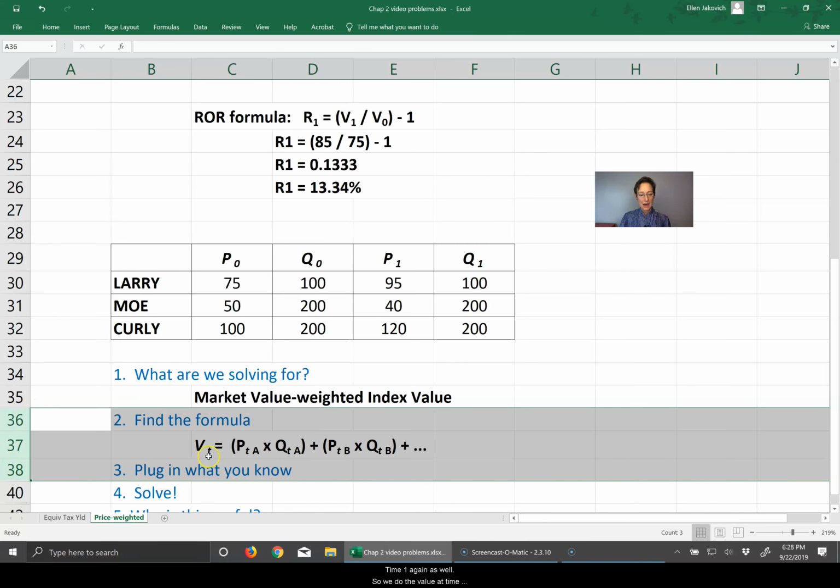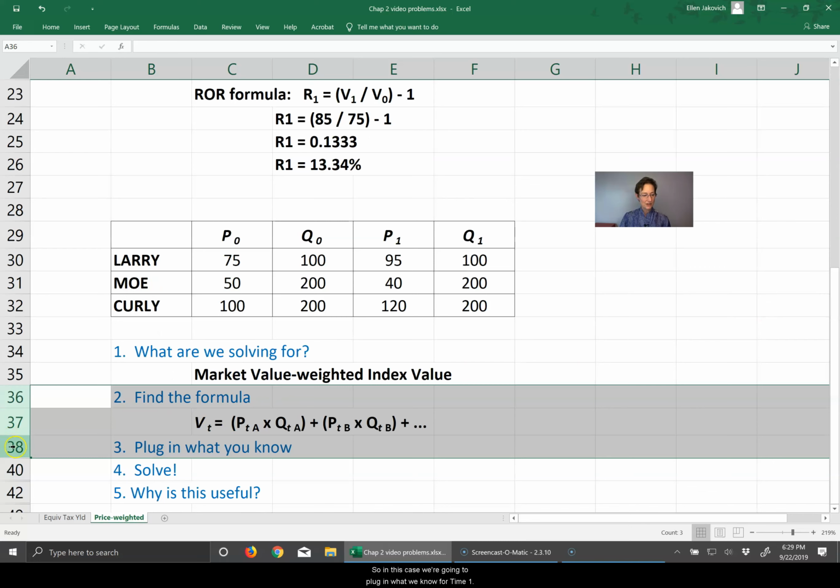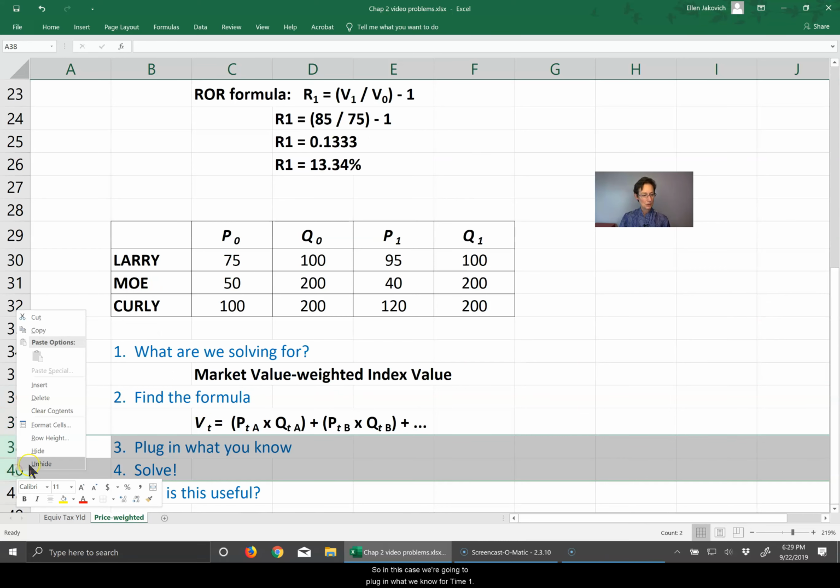So we do the value at time t. Time 1 would be the price at time 1 of A times the quantity of stock A, and then of B, and of C, and of however many stocks we have. So it's price times quantity for each stock. In this case, we're going to plug in what we know for time 1.